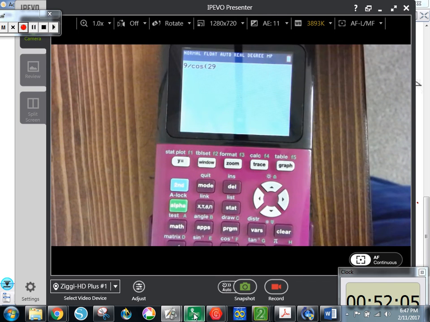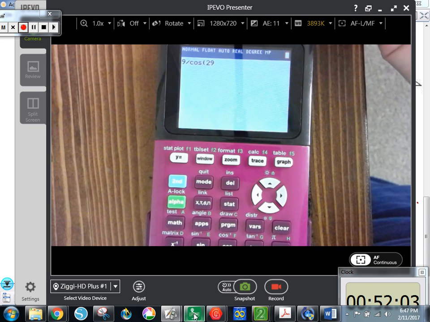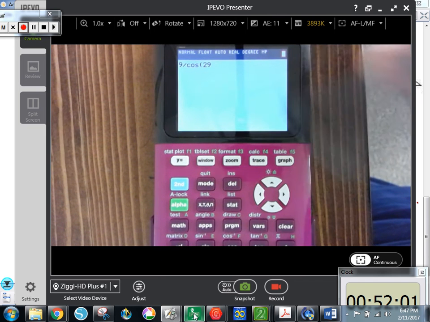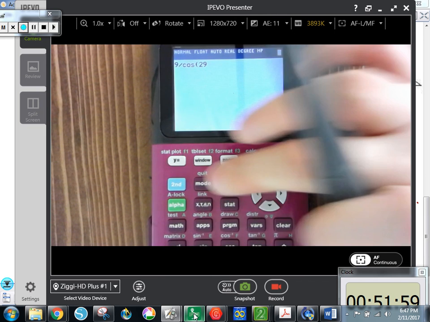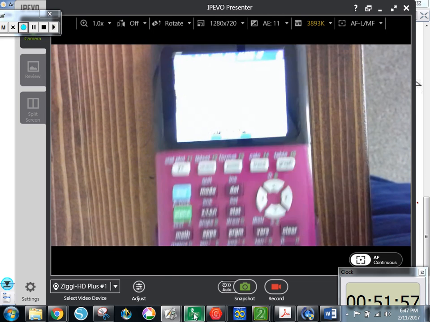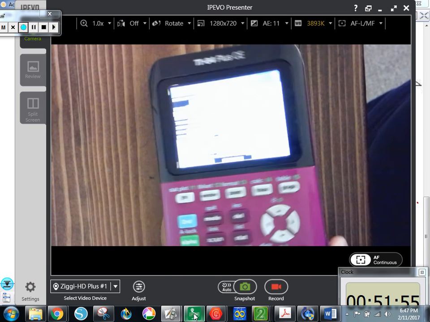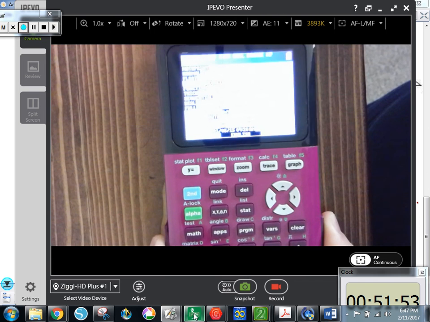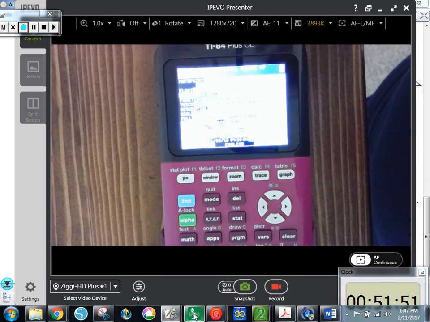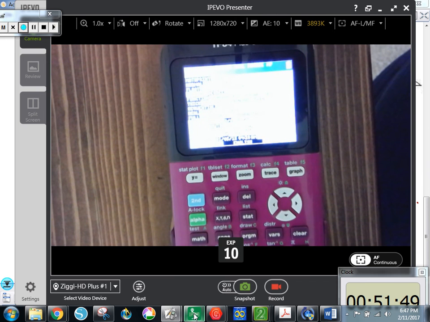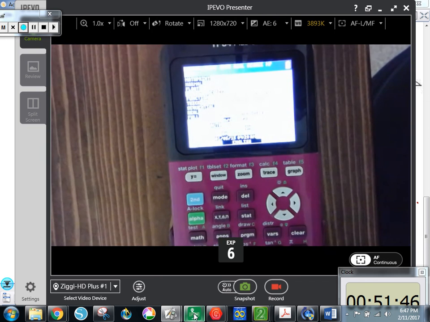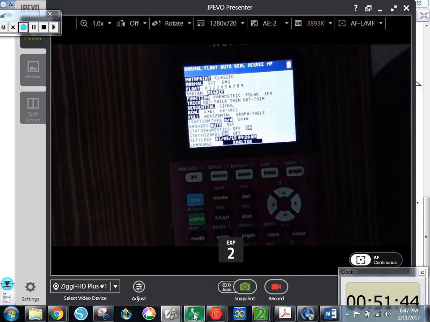But on the TI, there's a mode right here you're gonna pick, and you can't see that. Hold on. Gotta darken it up.